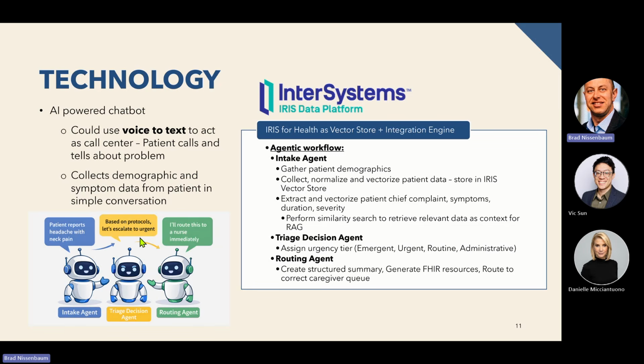An intake agent will gather the patient demographics, collect, normalize, vectorize patient data, and store it in Iris Vector Store. It's going to extract and vectorize the patient chief complaints, symptoms, duration, and severity. And then it's going to perform similarity search to retrieve the relevant data as context for the RAG.